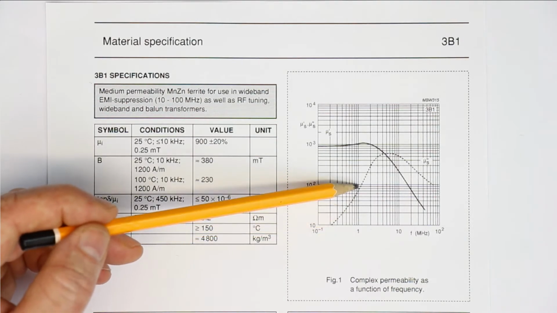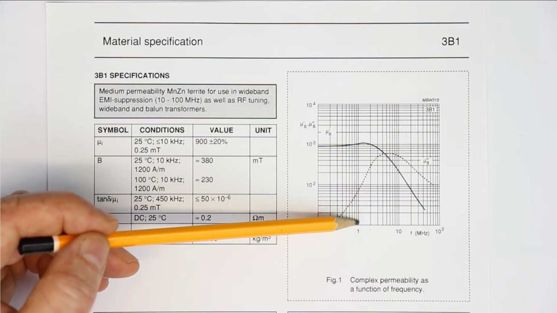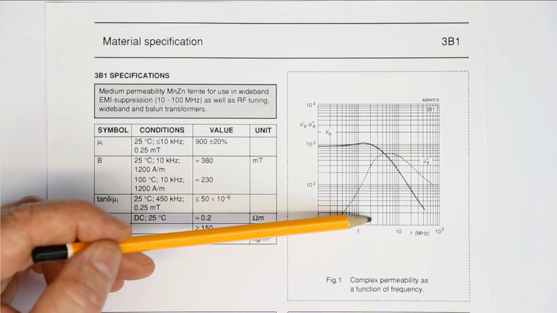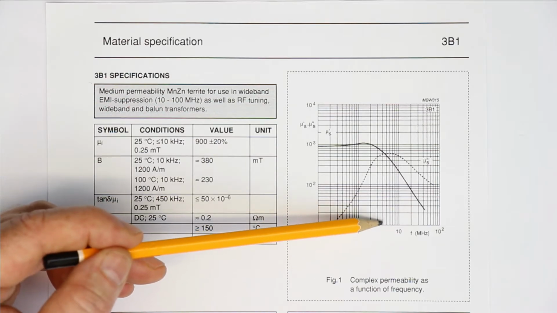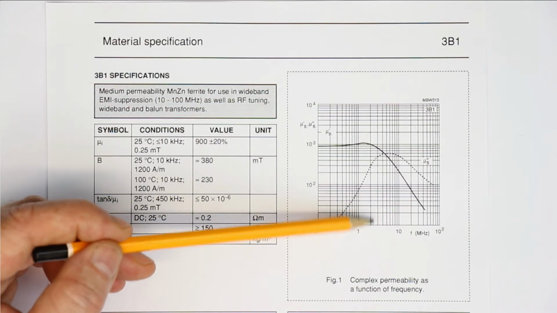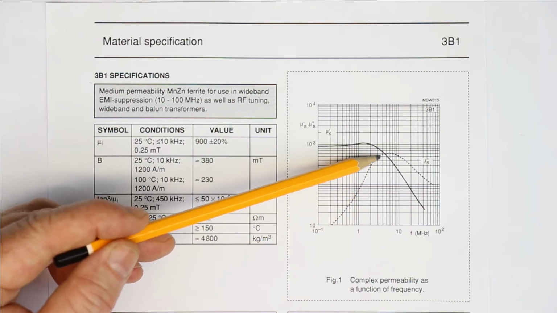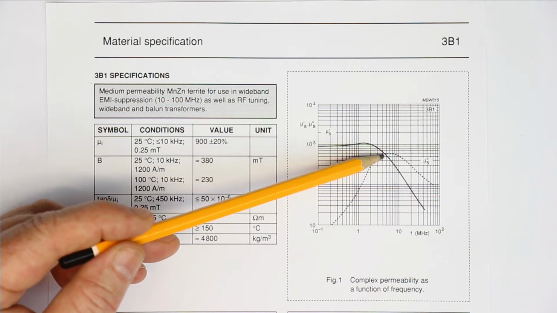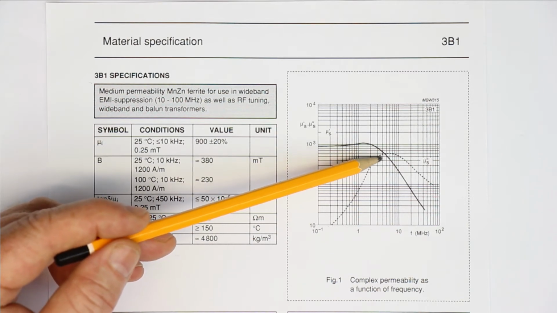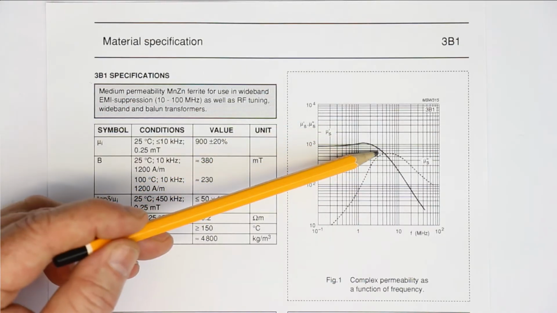And 1 megahertz is not the end, but it's the middle of the medium wave range. And if you would go over to the short wave range, which starts at 2 or 3 megahertz, then you can see the losses are just as large as the main inductance itself, or as the main permeability itself.